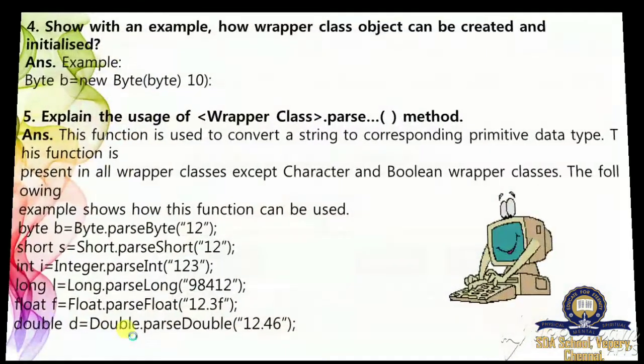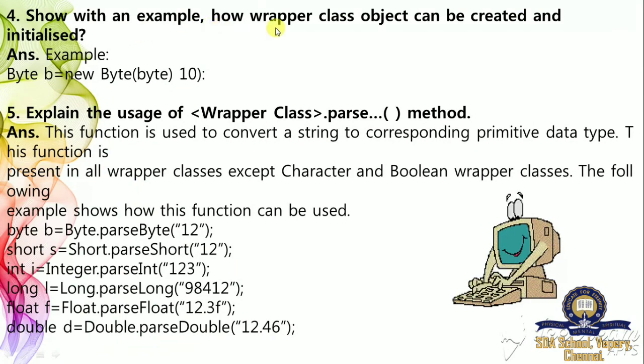The next question is, show with an example how a wrapper class object can be created and initialized. So this is the example for object creation and initialization for a wrapper class. Explain the usage of the wrapper class parse method. This function is used to convert a string to the corresponding primitive data type. This function is present in all wrapper classes except the Character and Boolean wrapper classes. The following examples are here.